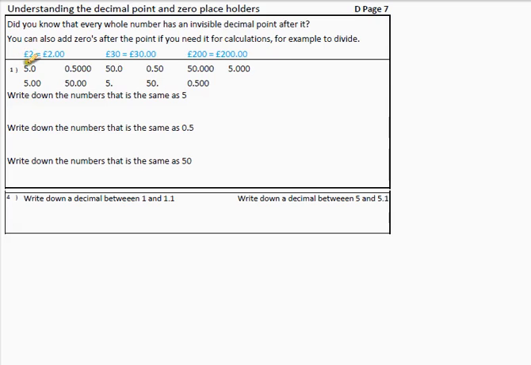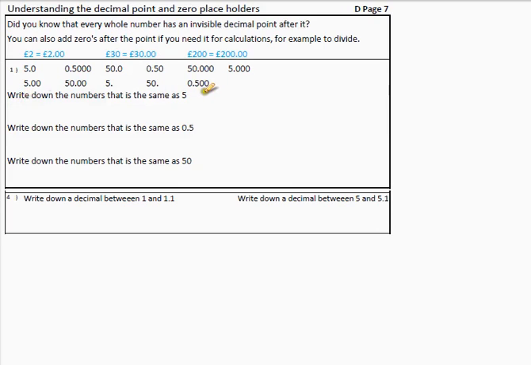Now, what you need to think is again about money, the easiest thing because everyone can work with money. £2 can be written as 2.00, but can you see that there is an invisible point 0? We don't have to write it. It is still £2. That value is still £2, no matter if there's a point 0 or not. Okay, so hopefully that makes sense.